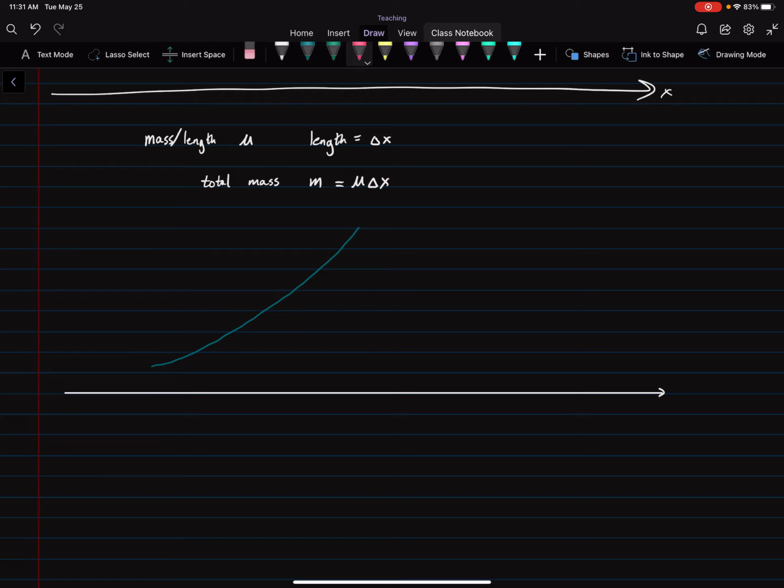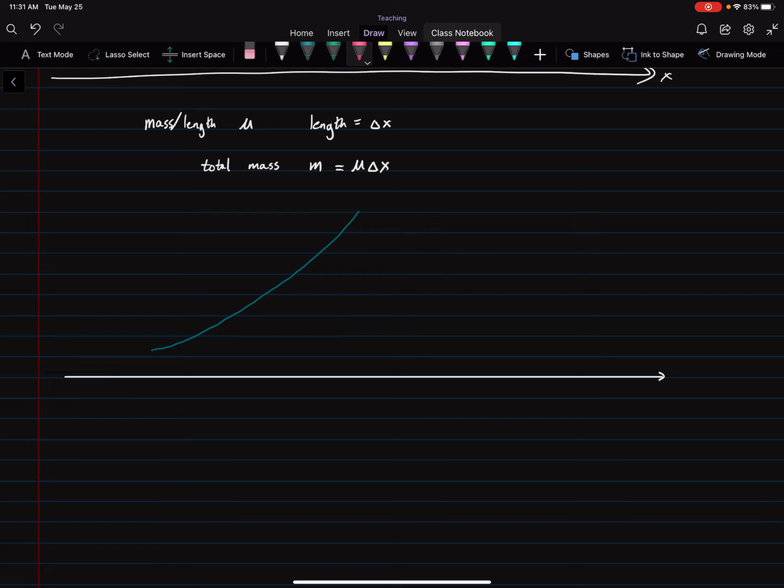So now, what we're considering is the forces that the rest of the string on either side exerts on our segment.